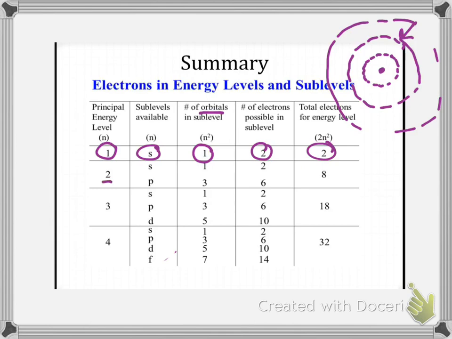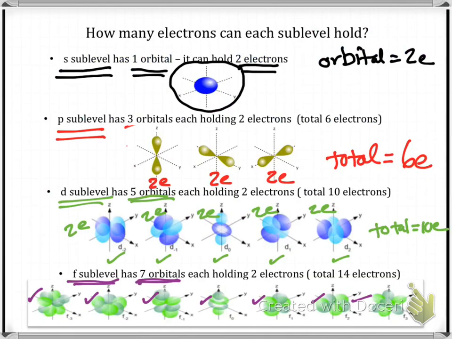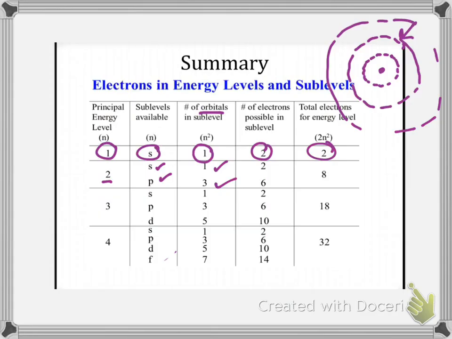It's bigger. It has S and P. S has 1 orbital, P has 3. Go back to the slide. You see here, the S has 1 orbital, the P has 3. So, this means the S orbital can hold 2 electrons, and the P can hold 6. So total, 8. Are you following?